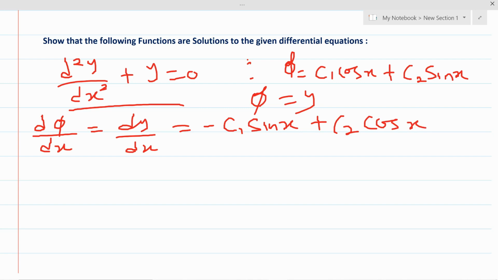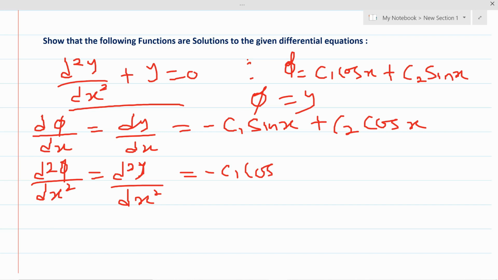Now what will be my second derivative, d squared phi over dx squared, the same as d squared y over dx squared? Differentiating, we get negative c1 cos x, and differentiating cos gives minus, so minus c2 sine of x.